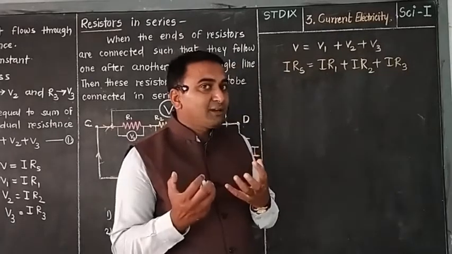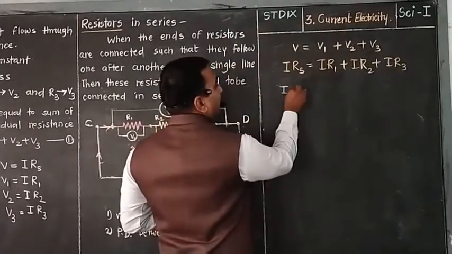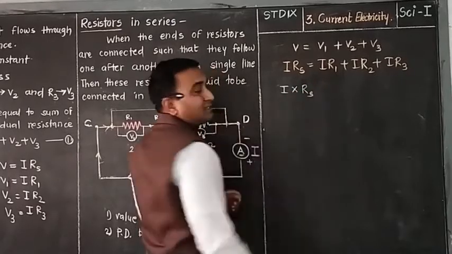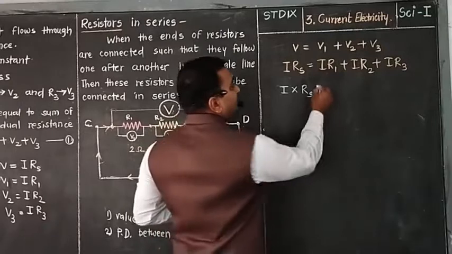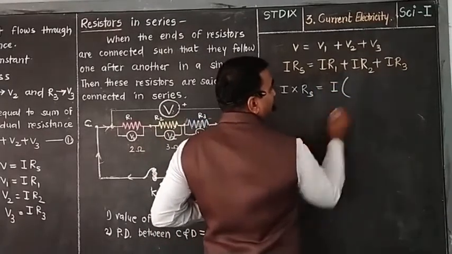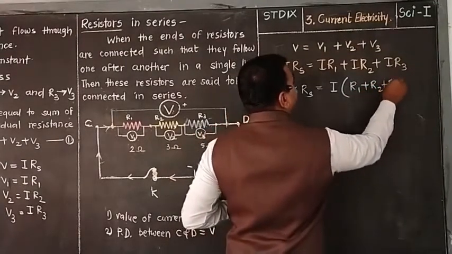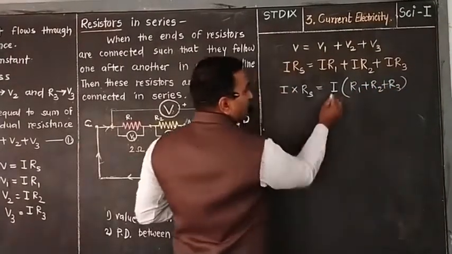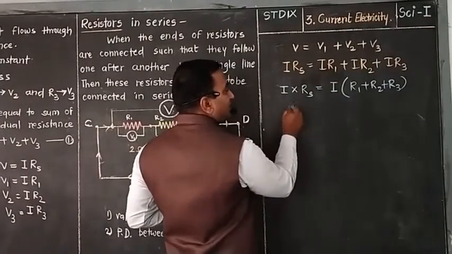So what is constant? Current is constant. So see here, I into RS, the effective resistance in series, is equal to, if we consider I constant from these 3 terms, R1 plus R2 plus R3. So it is for multiplication, it will transfer here for division.